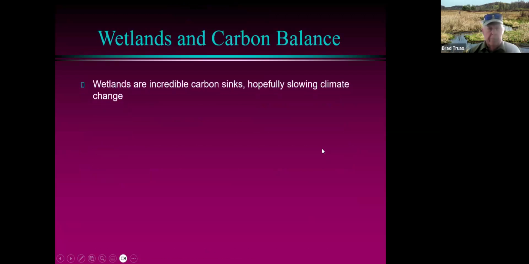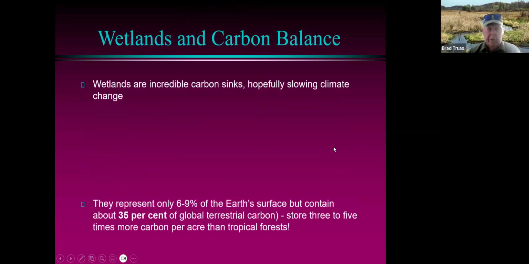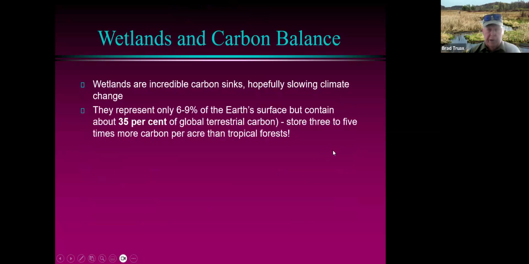So again, wetlands are, as we mentioned, incredible carbon sinks, and hopefully they're slowing climate change. And this statistic I gave before is just incredible. Wetlands only represent 6 to 9% of Earth's surface, but they contain about 35% of all the global terrestrial carbon, meaning carbon that's not up in the atmosphere or in the oceans.